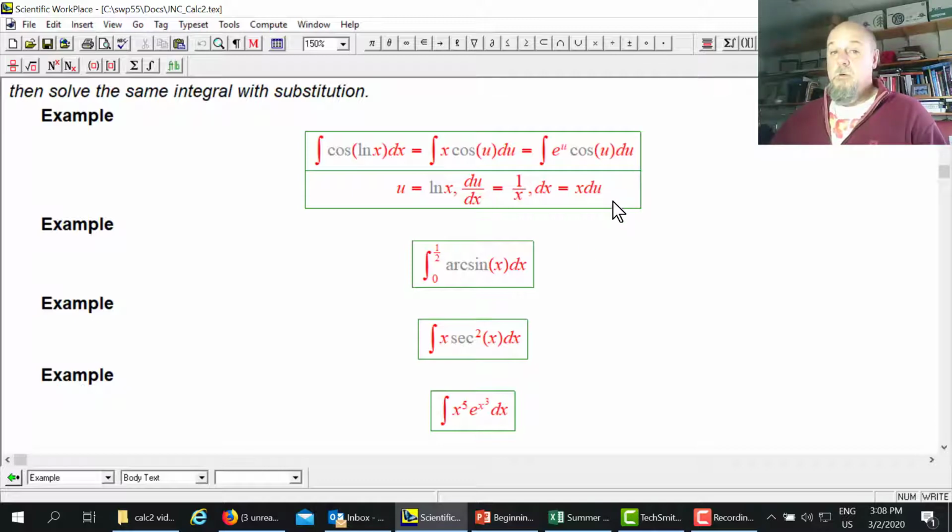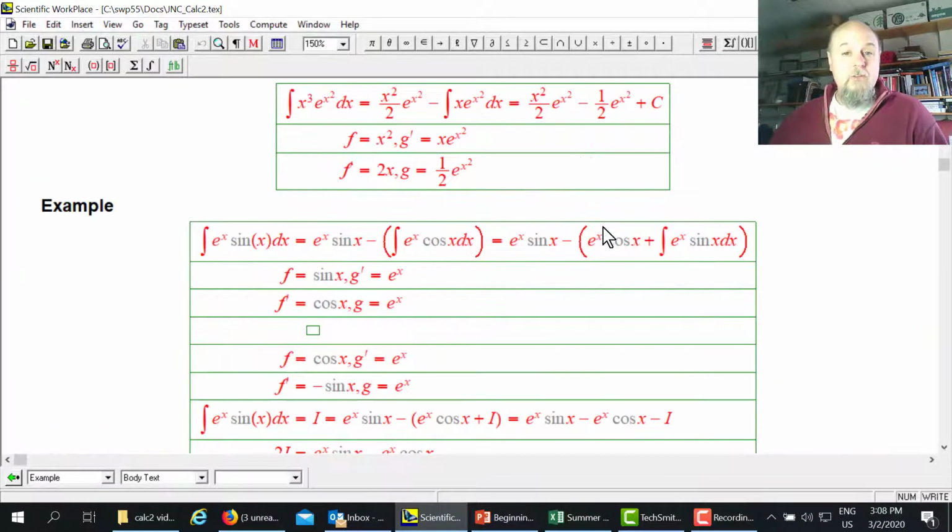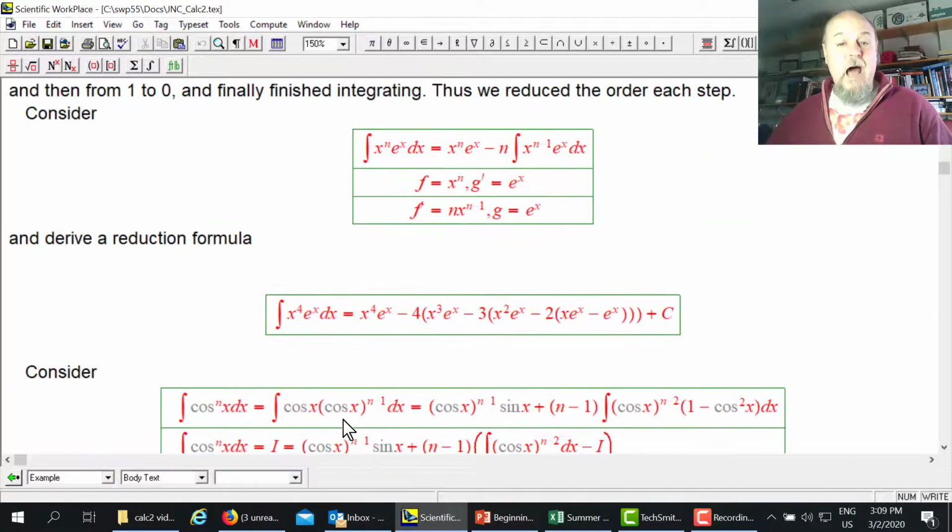This we can do. I'm going to leave this for you to work out, but it's the exact same structure as we did way up here, e to the x sine x. You're going to end up doing integration by parts twice. It's going to look like you're going around in circles, but you're going to make that integral equal to I.